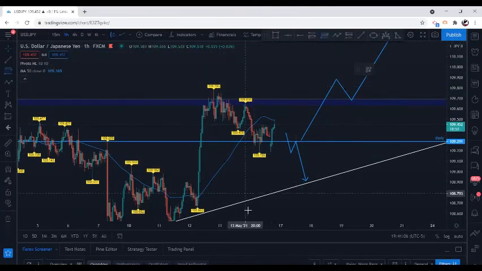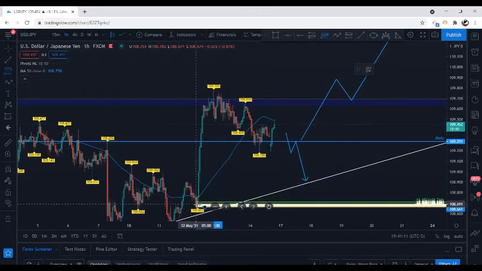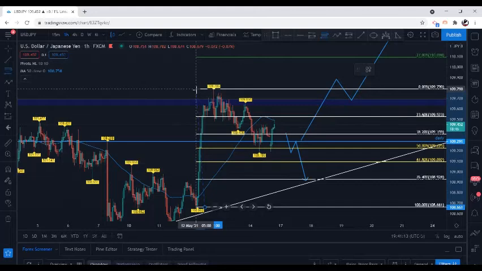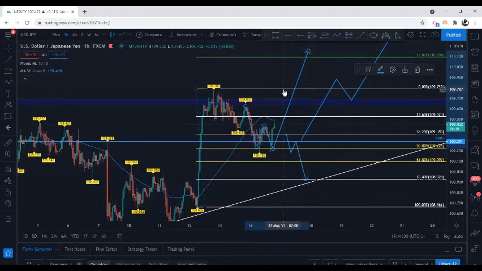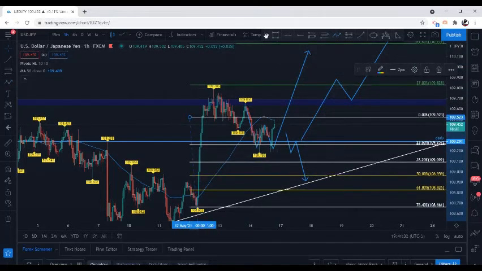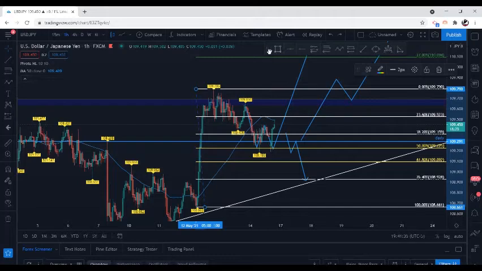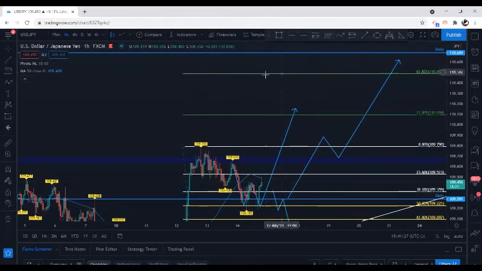If I take my fib from this pivot right here and measure this impulsive move, we can see that the retracement has come to our 50% and formed a double bottom right here before we got a push off. So we can potentially see price going up to our negative 61.8 extension again, which is around this daily level.